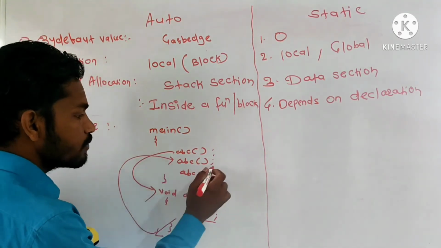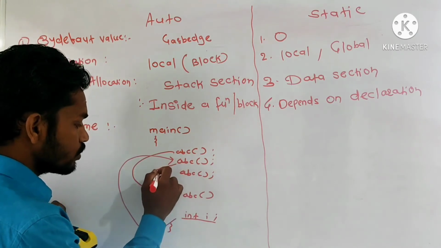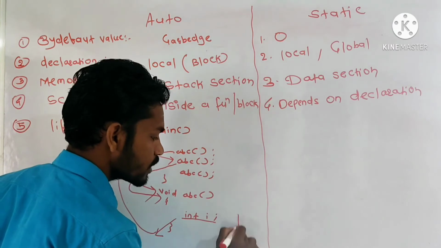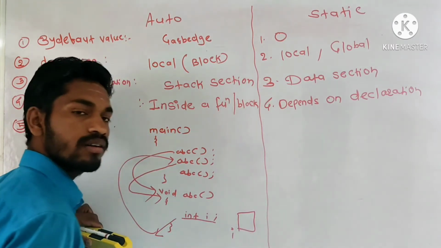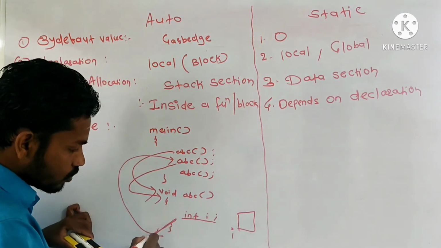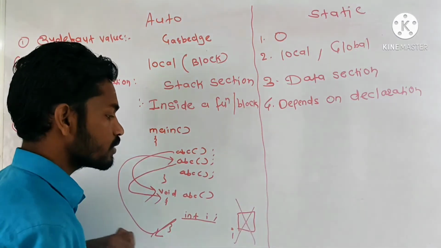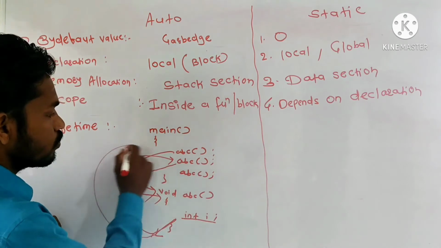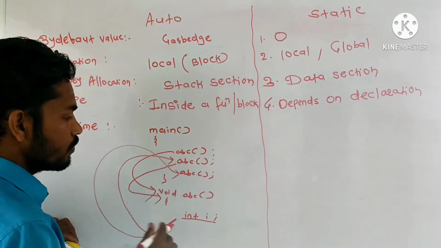Next time, again the main function calls the ABC function, again the life of auto variable will start. Again I will be allocated. Again when control goes outside the function, the life of auto variable will end. Again the control goes for the third call.